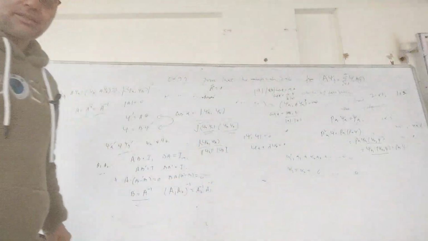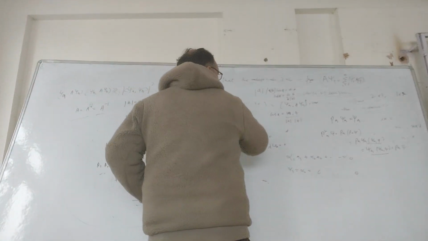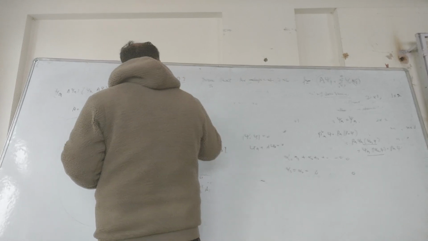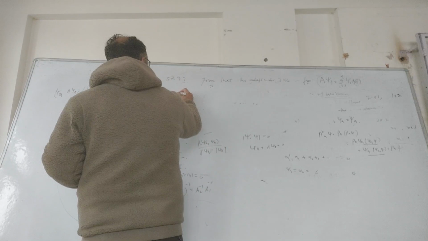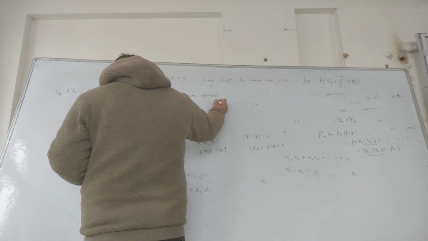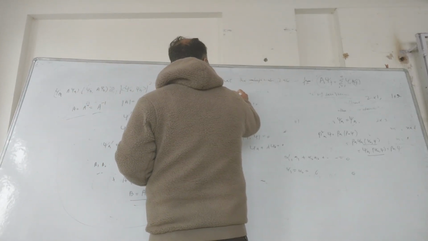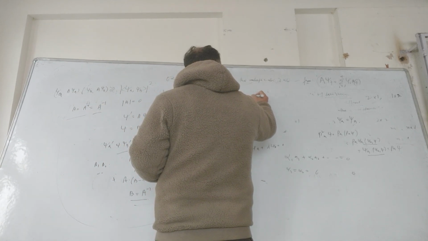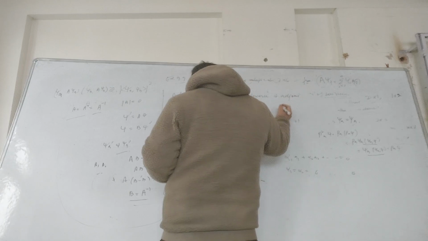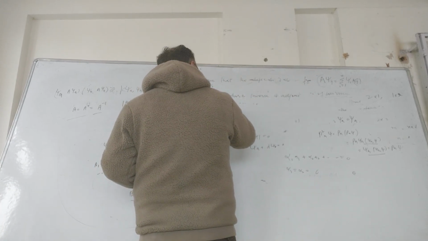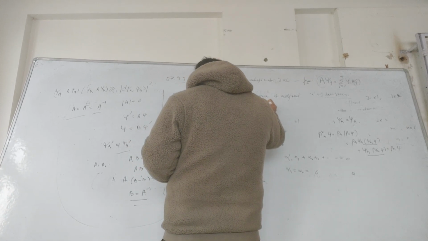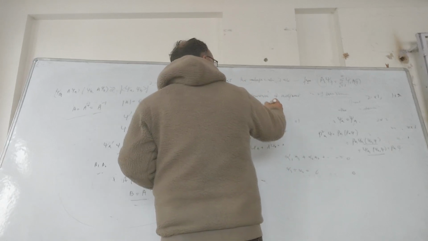So further one thing is that a linear operator whose inverse and adjoint are identical is called unitary.